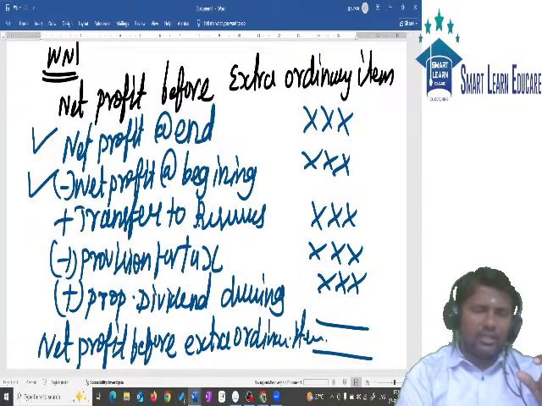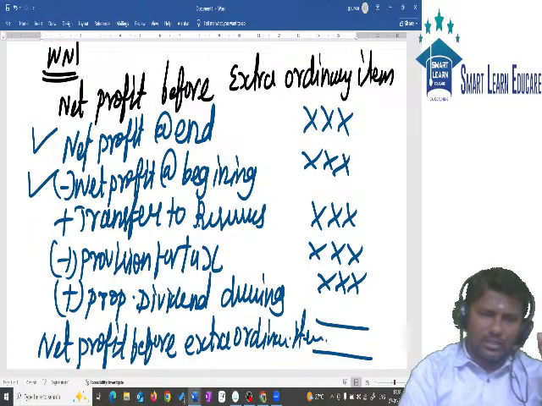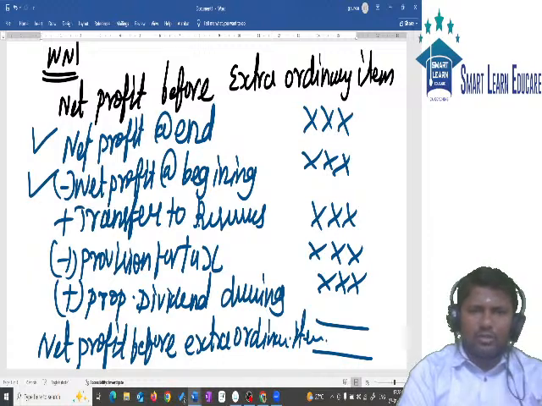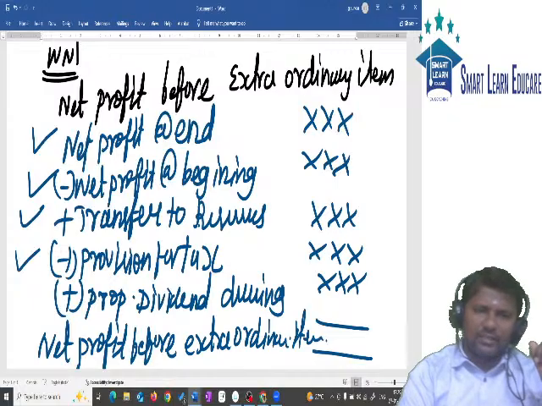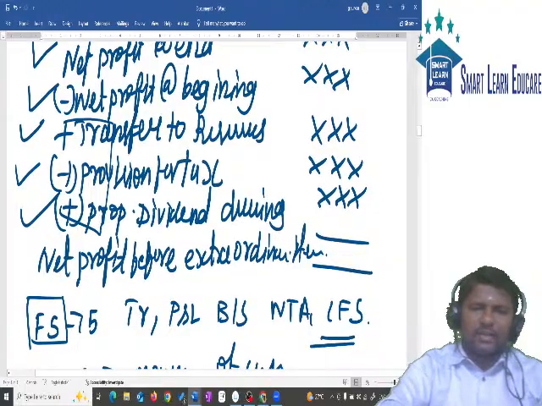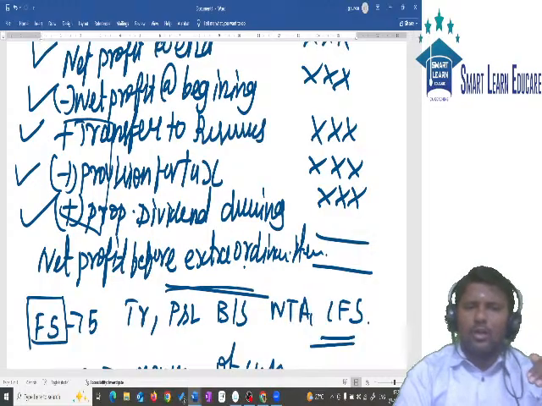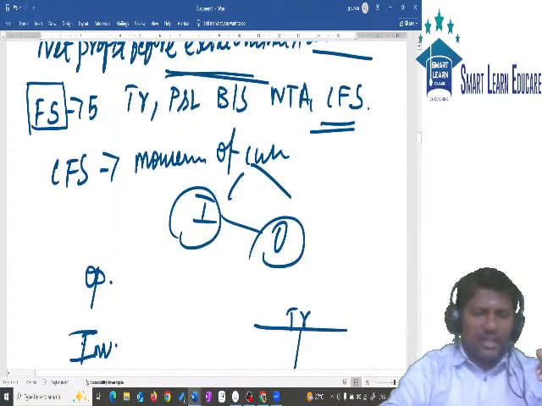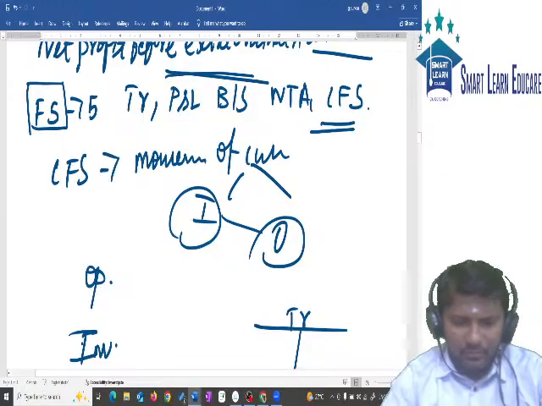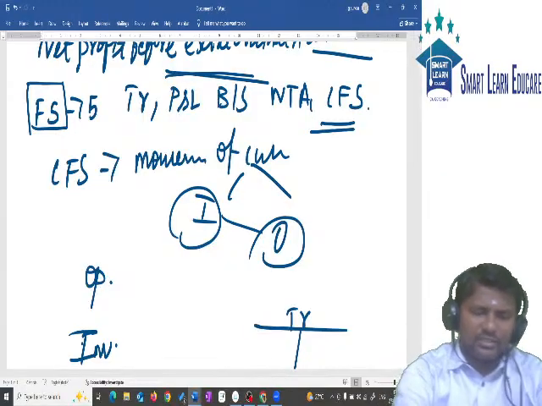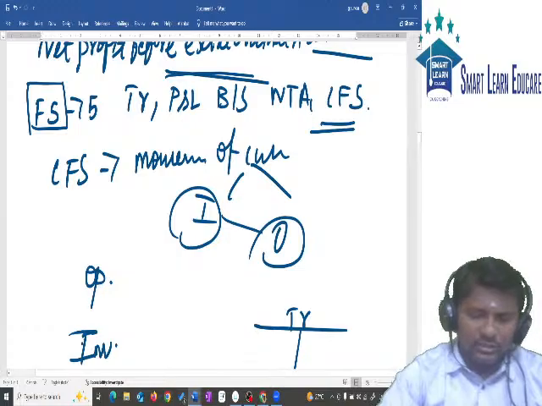From the profit earned, we transfer some amount to reserve, which should be added back to know the actual profit. Provision for tax and dividend proposed during the year should also be added back, to know the exact profit during the year. These give you net profit before extraordinary items. This is the starting point.